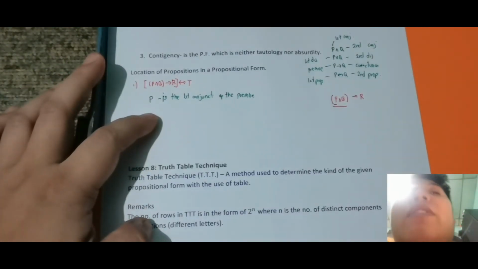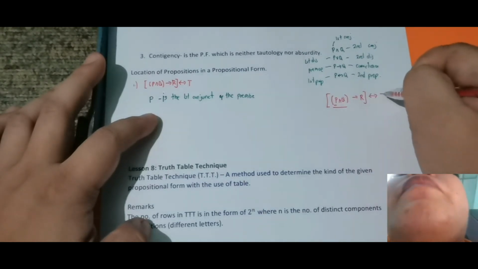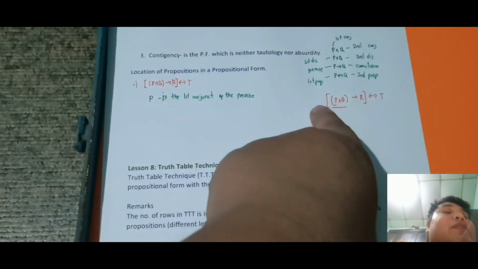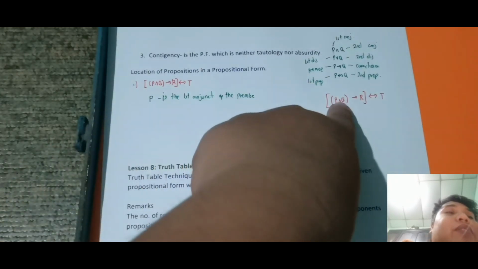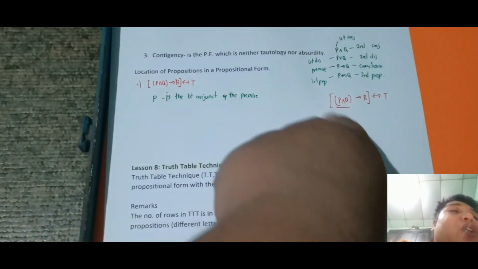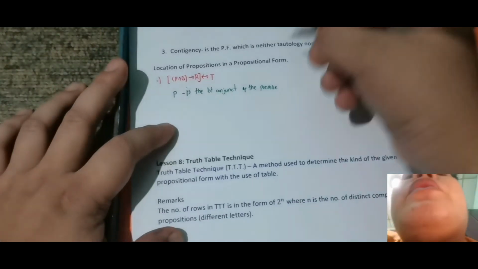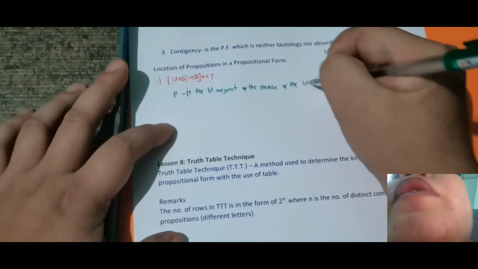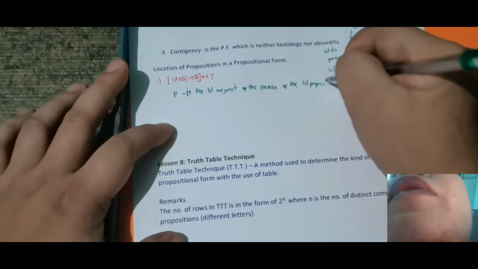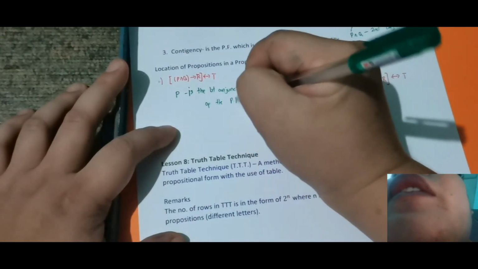Okay, the next is lalabas na natin ulit siya una. Again, lalagyan natin itong grouping symbol. This is if and only if T. Ngayon, ano naman na to? Since ilabas na natin siya as in buo, P is the first conjunct of the premise, kasi premise siya, of the first proposition, kasi first proposition siya dun sa loob, of the propositional form.